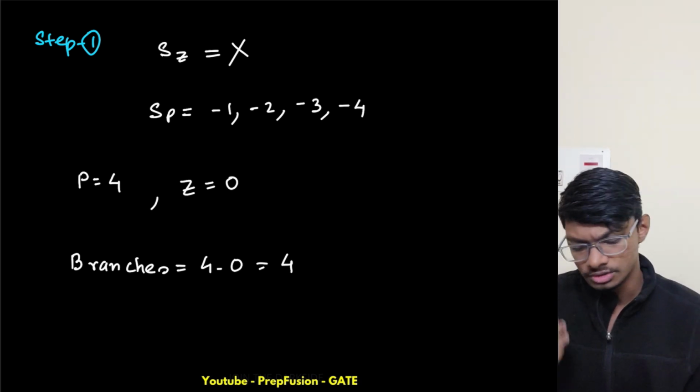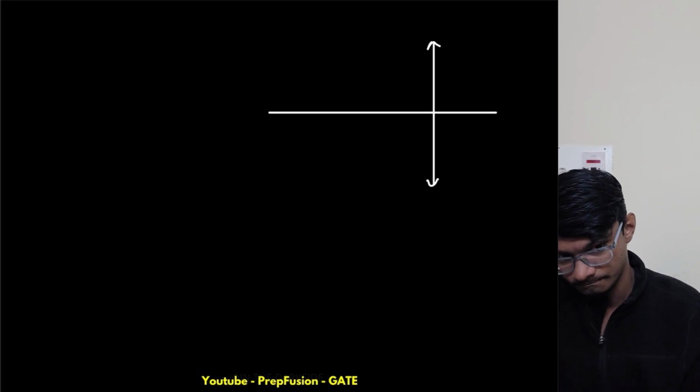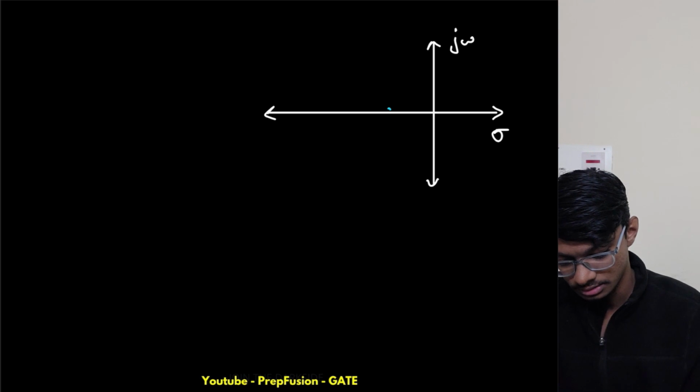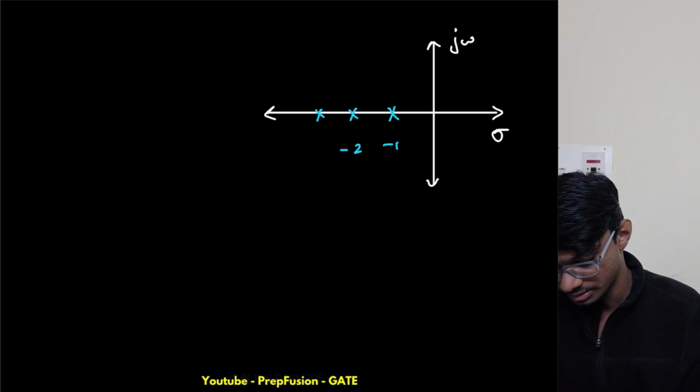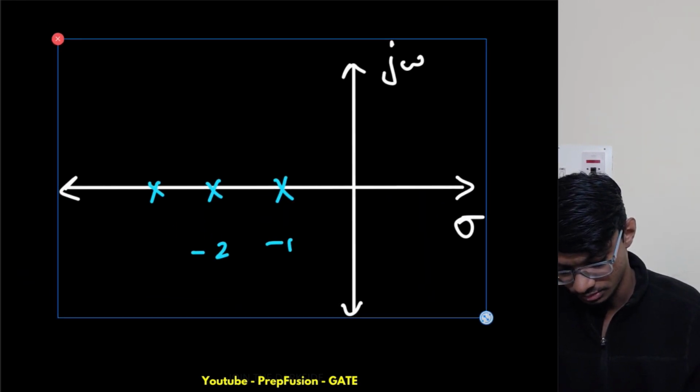This all we know. So let me plot the sigma-j omega s-plane basically and note down the roots. This is sigma and this is j omega, and this is -1, -2. I should make this a little bit bigger so that it would be easier.